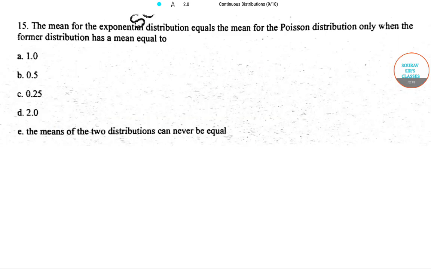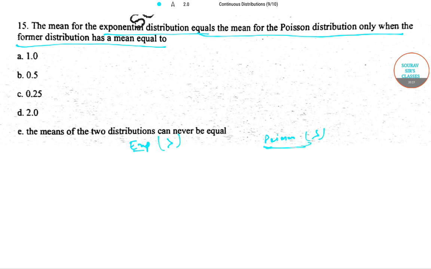Moving on to the next question. The mean for the exponential distribution equals the mean for the Poisson distribution only when the former distribution has a mean equal to. Now, let us demarcate our board first. Exponential and Poisson. Say both have the parameter lambda.